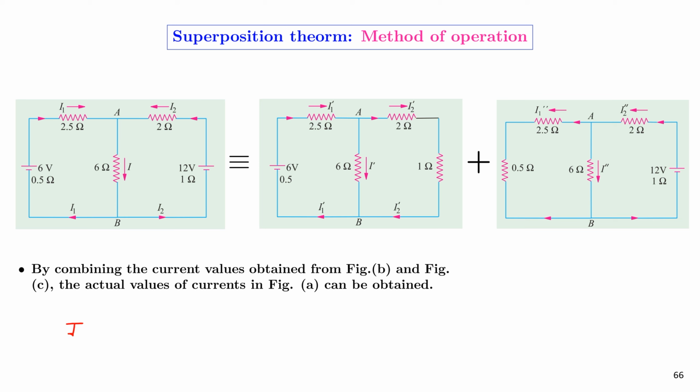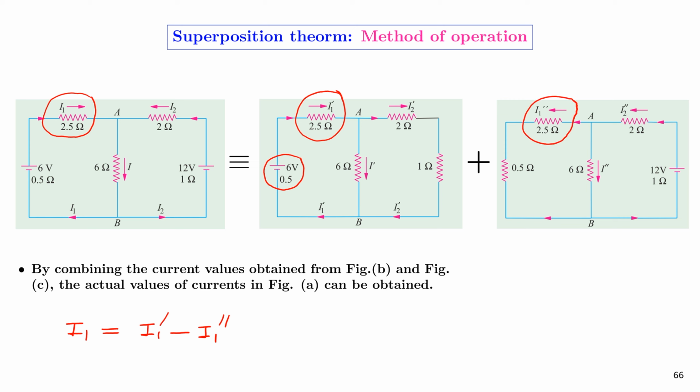That is, I1, which is the current that is flowing through the 2.5 ohm resistor, will be the superposition of I1 prime, the current that is going to flow through the 2.5 ohm resistor when we have only the 6 volt power supply, minus I1 double prime, where I1 double prime is the current that is flowing through the 2.5 ohm resistor when we have only the 12 volt power supply in the circuit.